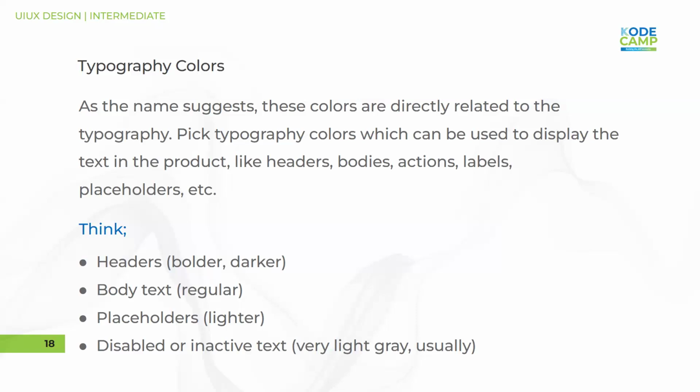You'll be looking at headers. Headers have to do with bold, and have to be darker than the body. Body text has to be regular, placeholder has to be lighter, and for disabled you have to use gray colors and the likes of it.